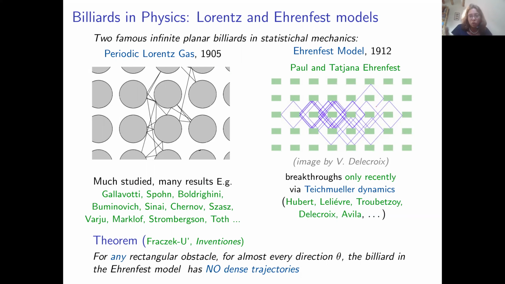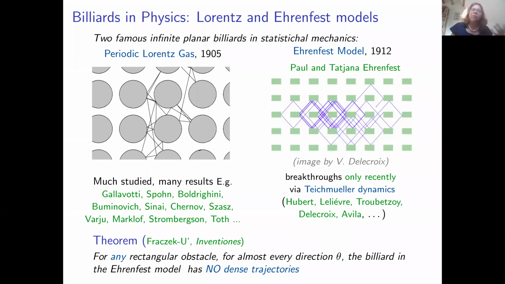And just to mention one of my own contributions on the Ehrenfest model, together with Krzysztof Frączek, we studied ergodicity in the Ehrenfest model. And maybe surprisingly for people who were trying to prove ergodicity, we actually proved a negative result.